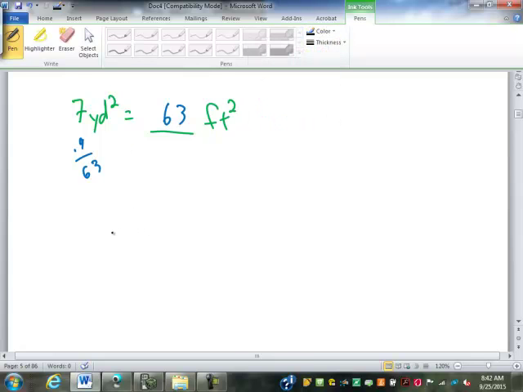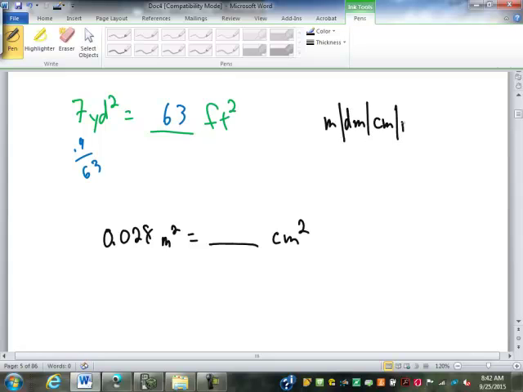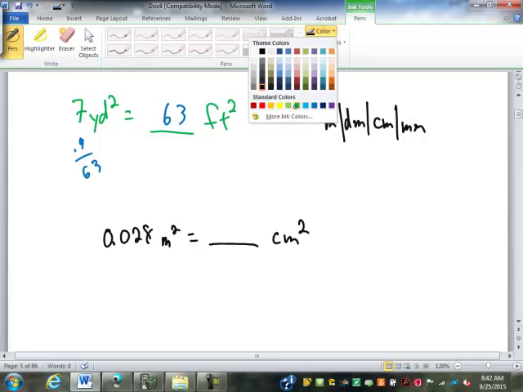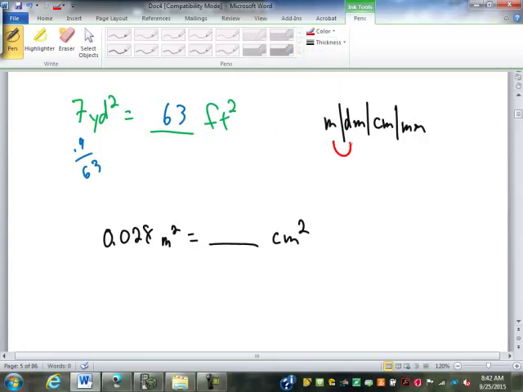How about this one? If I'm going from square meters into square centimeters, well, on the chart, to get from meters to centimeters is 2 spots to the right, correct? So I've got to double how far.